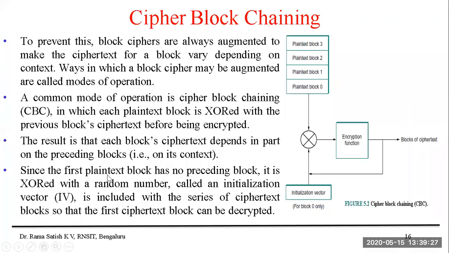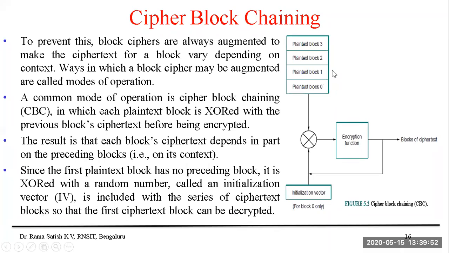And of course, since the first plain text block has no preceding blocks, it is XORed with a random number, which you call the initial vector, IV. So which includes a series of ciphertext blocks. That will be processed for decryption. This is all. This chain.